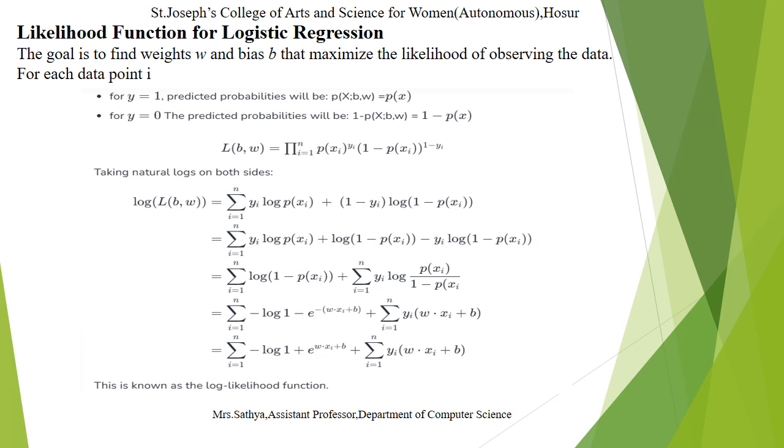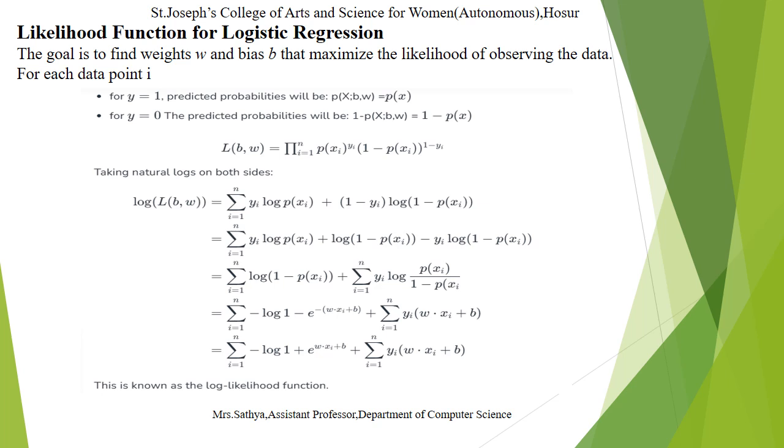For each data point i, we take binomial logistic regression: for y equal to 1 we get the predicted probabilities, and for y equal to 0 we get the predicted probabilities.